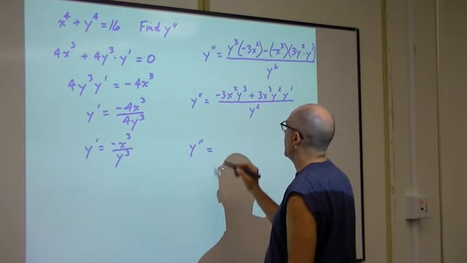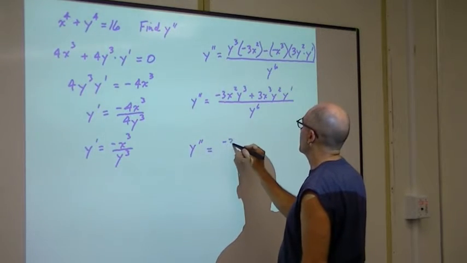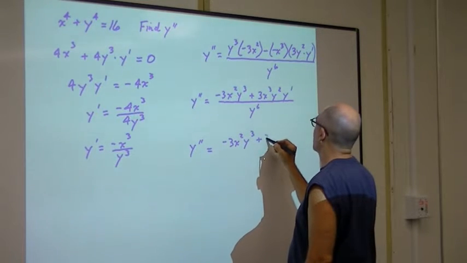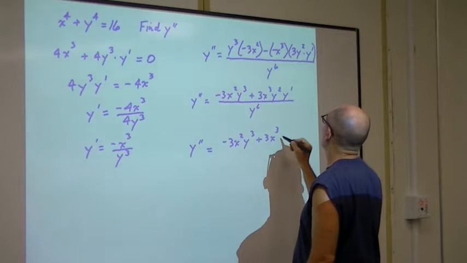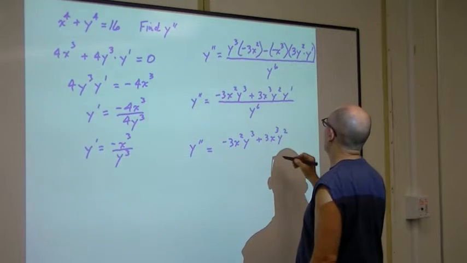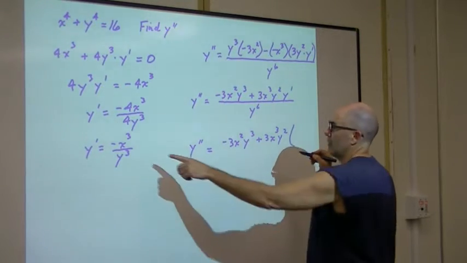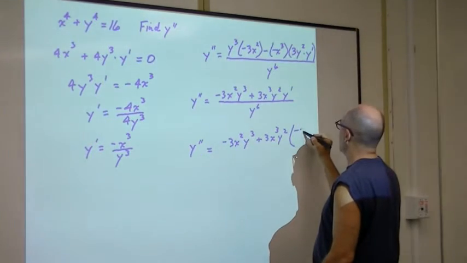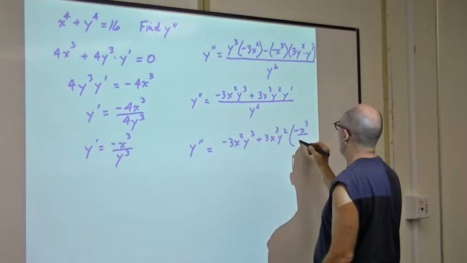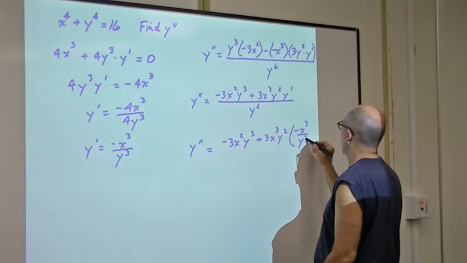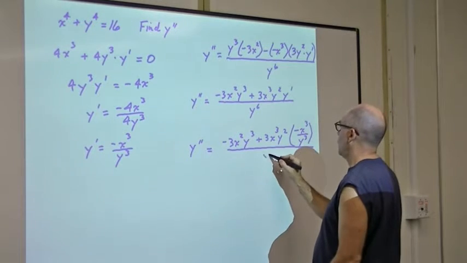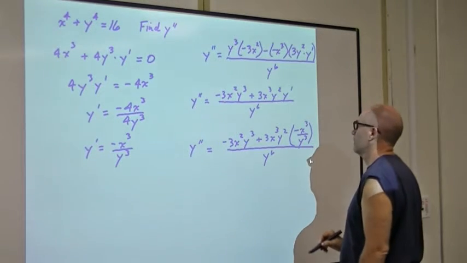So y double prime is going to equal negative 3x squared y cubed plus 3x cubed y squared times y prime, which is negative x cubed over y cubed, all divided by y to the sixth.